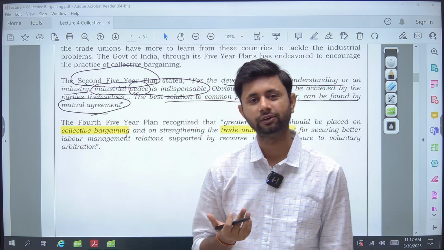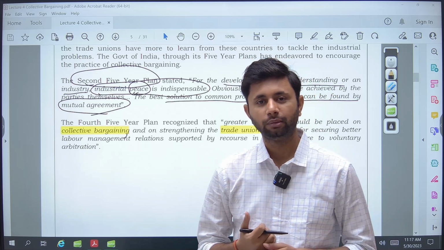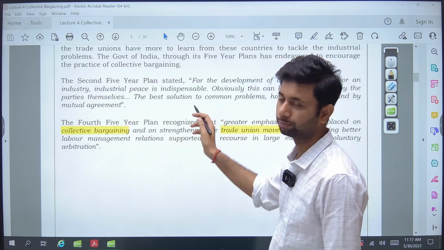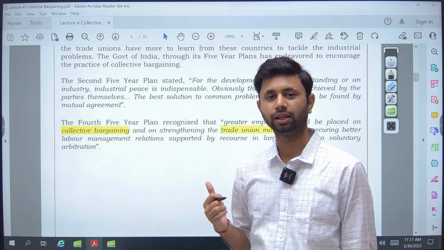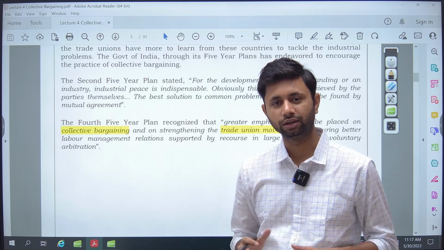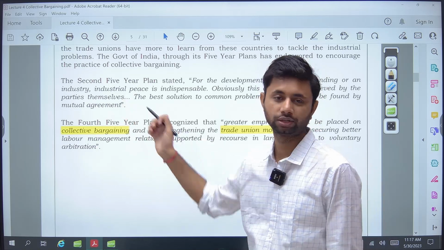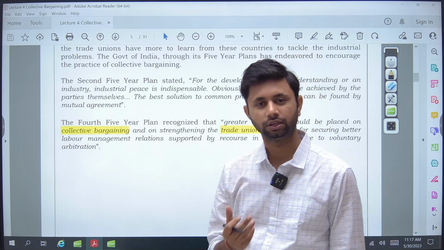Although the second 5-year plan didn't explicitly mention collective bargaining, the substance of what they were saying at that point of time was related to it, because it says that both parties must sit together, negotiate with each other, and reach a mutual agreement, so that industrial peace is available through which the industry can actually grow.